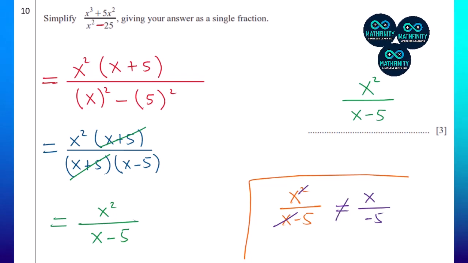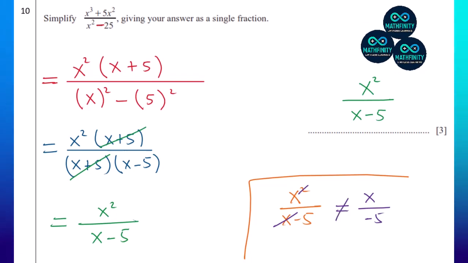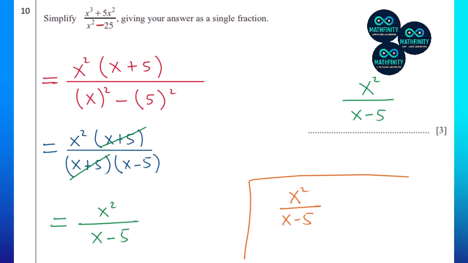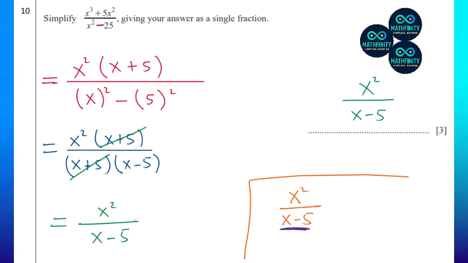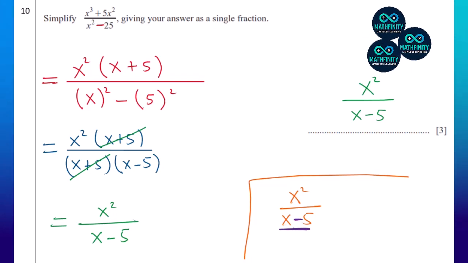This is not acceptable. Why can you not cancel? Because you have addition or subtraction in the denominator, and this x and 5 have a subtraction sign between them, so you cannot cancel them.